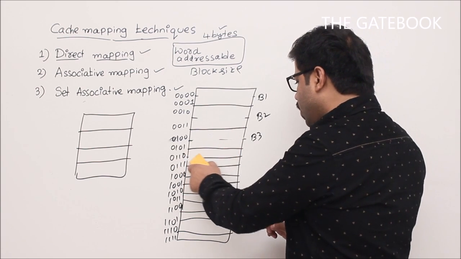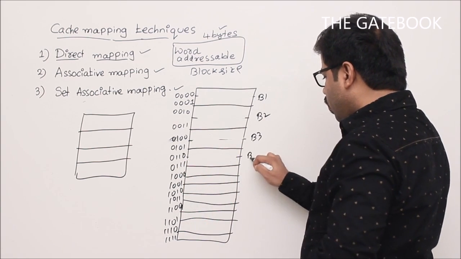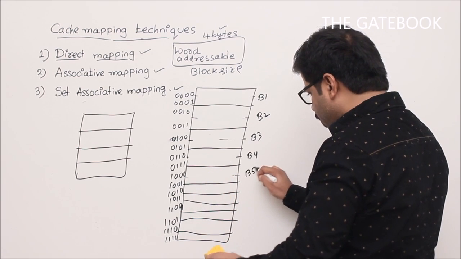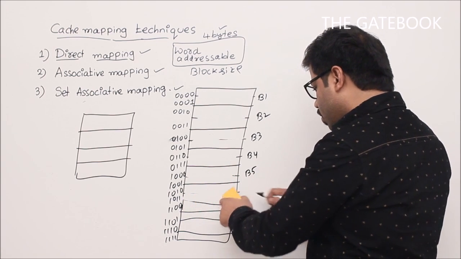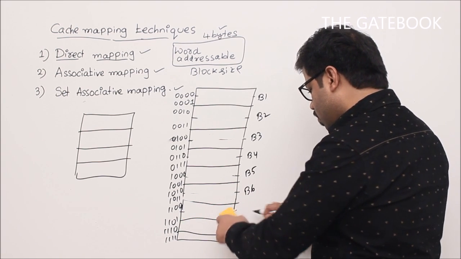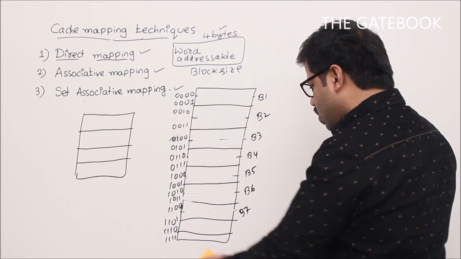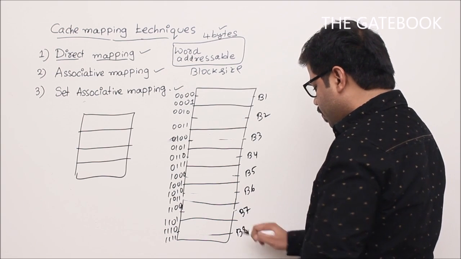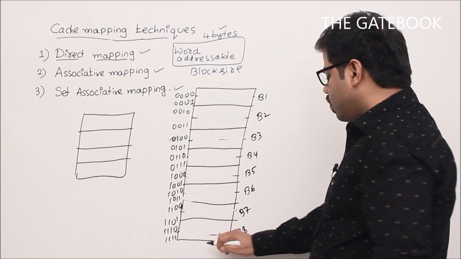Because every 2 words is one block: block 4, block 5, block 6, block 7, and this is block 8. There are 8 blocks.